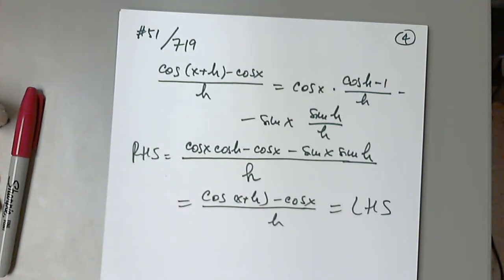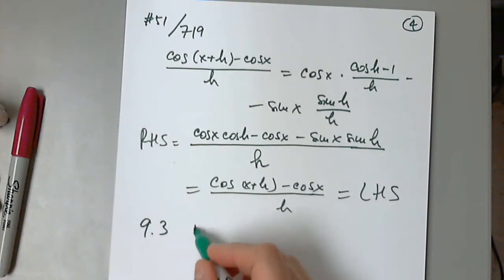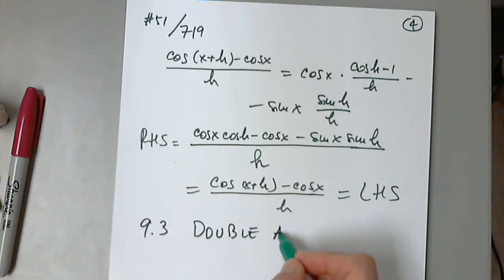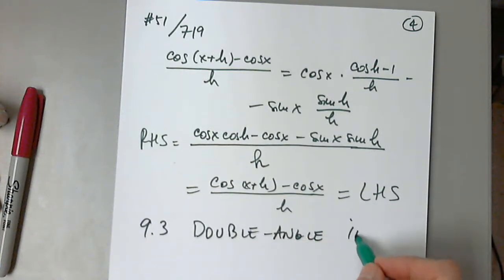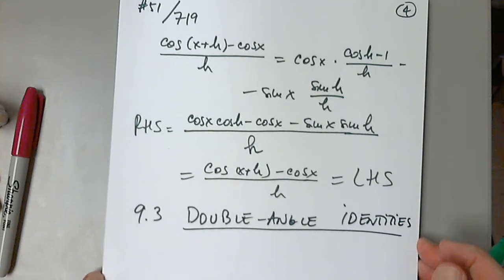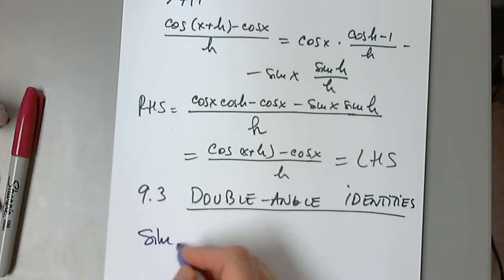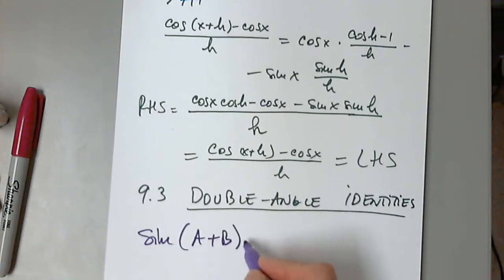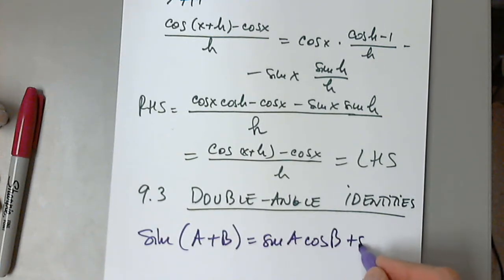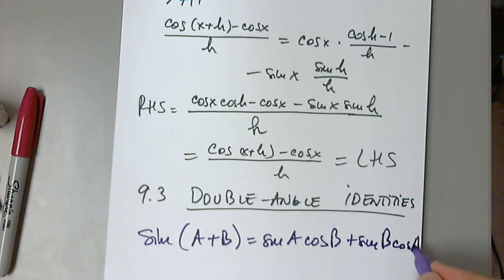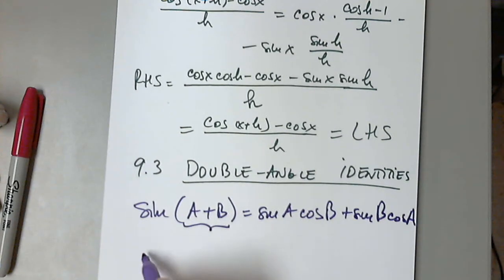Any questions? Okay, so let's continue then with 9.3, double angle identities. We are way ahead because we already looked at what we needed last time. So we remember the formulas or the identities: sine A plus B as being sine A cosine B plus sine B cosine A. And now let's say these are the same.